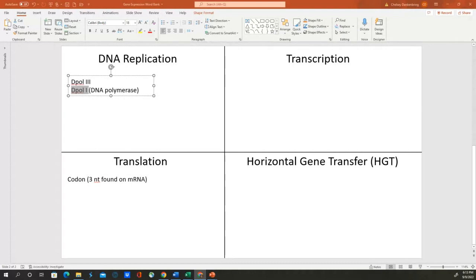And so DPol 1 has to come in and remove that RNA primer, and then ligase comes in and fills in the gap. Okay. And then yes, DPol 1 will then also fill in that gap left by removing the primer. Good, good, good. Y'all, I promise, you're going to want to know what the key players do for DNA replication.